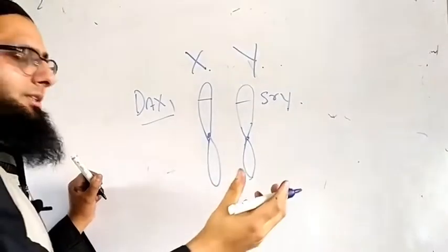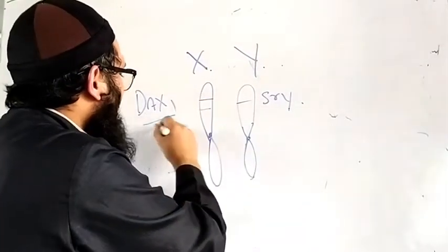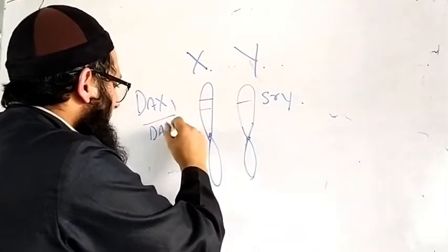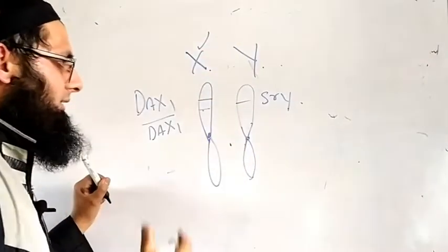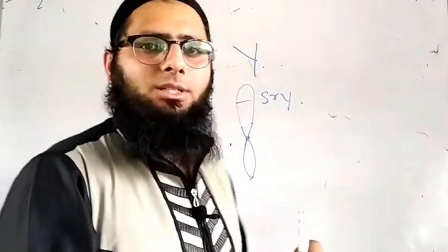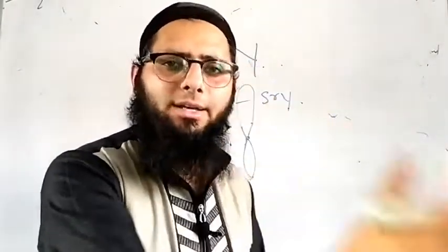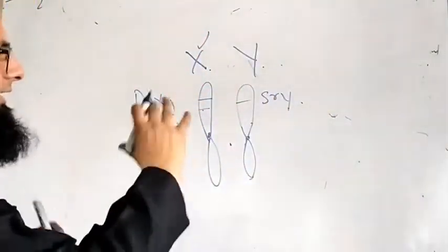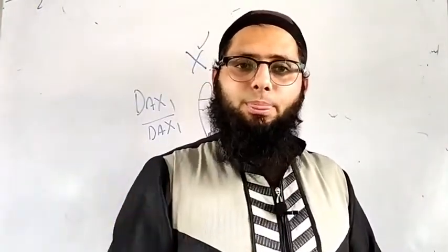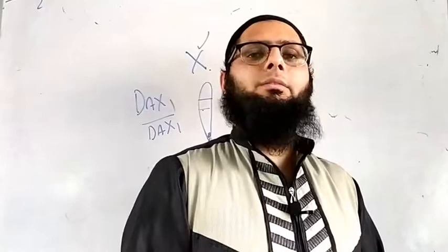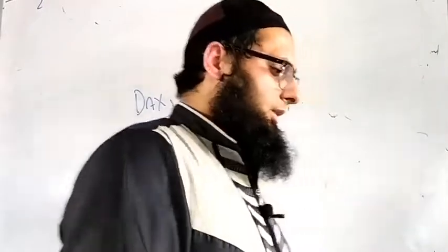But in their case, there were 2 copies of the DAX1 gene present on one X chromosome, and this caused suppression of the activity of the SRY gene present on the Y chromosome. That's why their phenotype was female, although they had the male genotype. This is one case.